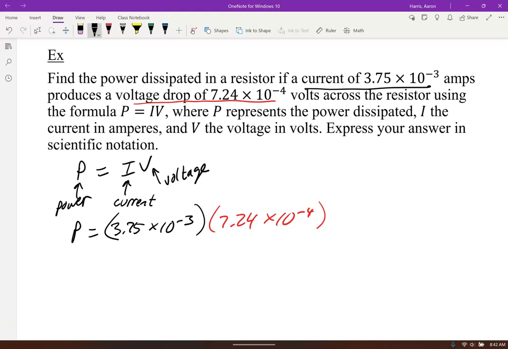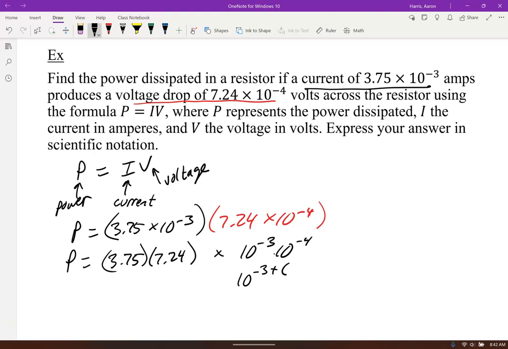Now I'm going to multiply 3.75 times 7.24, and then multiply 10 to the negative 3 times 10 to the negative 4. So negative 3 plus negative 4, or 10 to the negative 7. Then I'm going to punch in 3.75 times 7.24. I get 27.15.